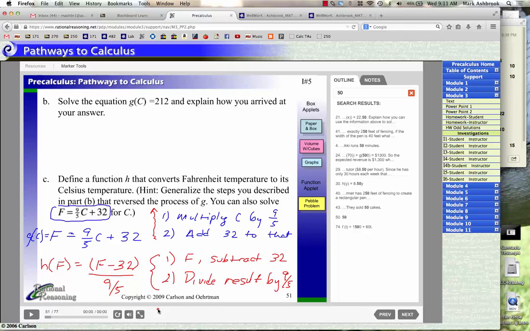What is the input of h? Degrees Fahrenheit. We stepped back the process of the g function, and so it will give us output Celsius. Just by walking back the g function, writing down what it does, and then creating a mathematical equivalent, we created a new function that takes Fahrenheit degrees and gives you Celsius degrees.